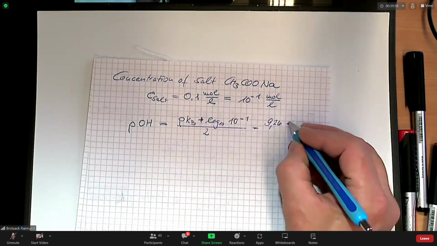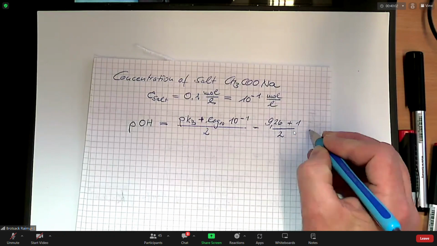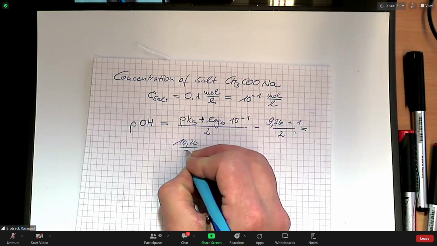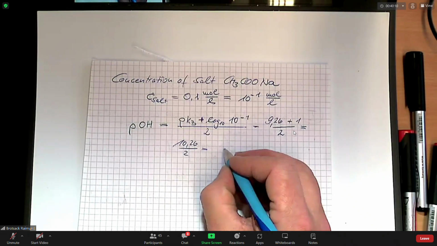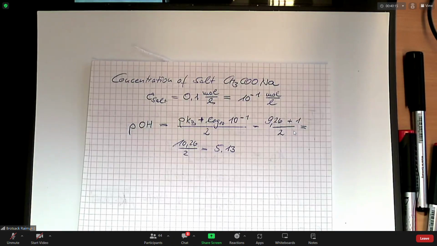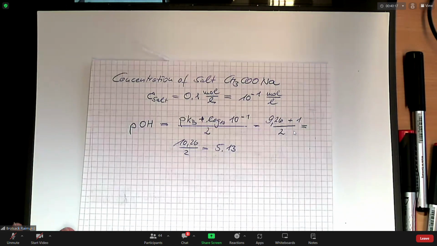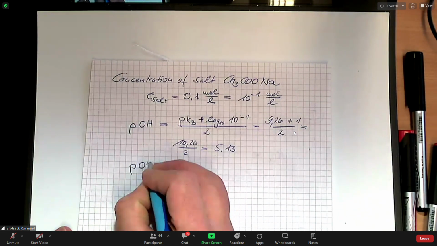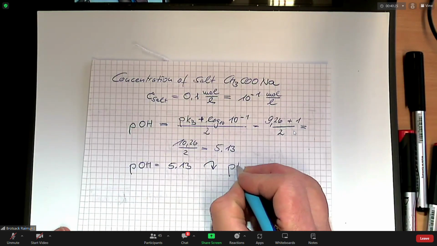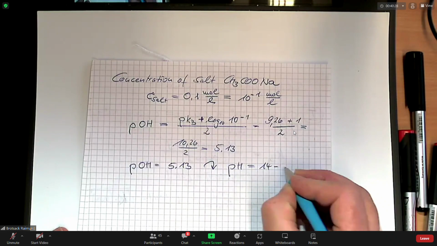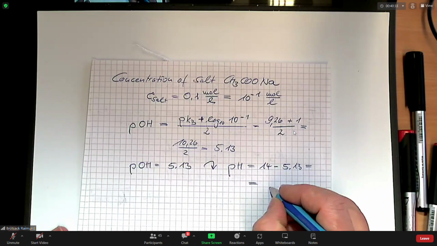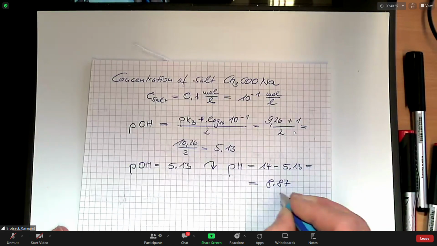And then we have plus 1 over 2, which is 10.26 half, which is 5.13. When the pOH is 5.13, automatically the pH is 14 minus 5.13, and this is 8.87.